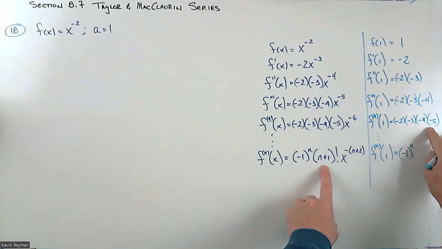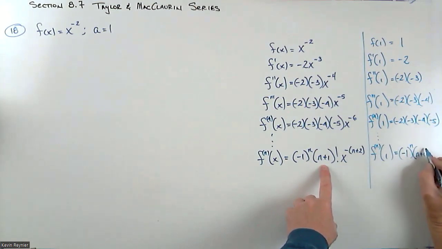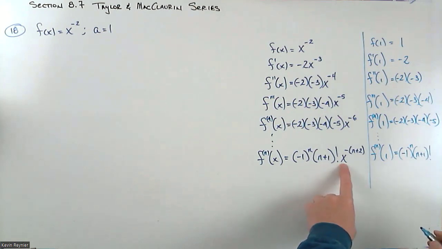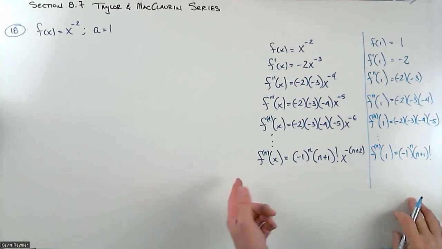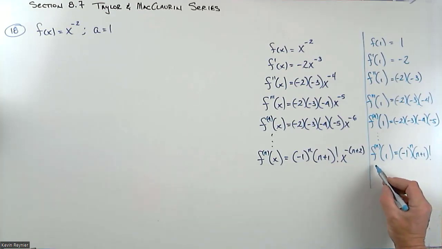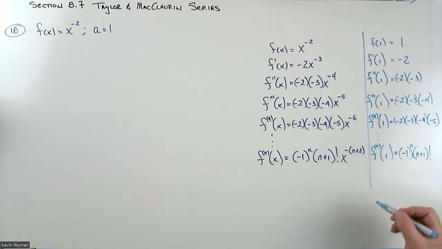That's what we have. This is 2, 3, 4, 5. That's n plus 1 factorial. And then, of course, when we put a 1 in here, that just turns out to be 1. So this is our nth derivative: -1 to the n times n plus 1 factorial. Okay.